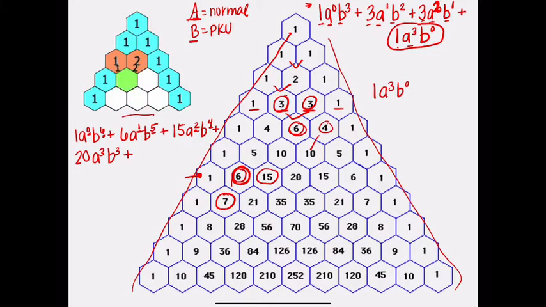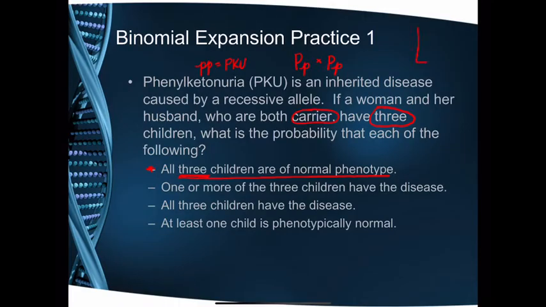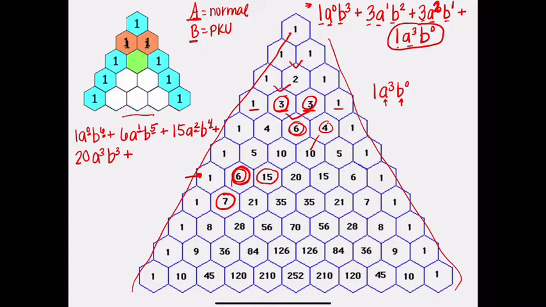Now, what I have to do is plug in my probability of having PKU or of being normal for A and B. And so I get that from my Punnett square. If we do the Punnett square, big P, little p, big P, little p, and we fill it out, you should see that 75% of them are normal, okay? 25% has PKU. So normal was 75%, PKU was 25%.